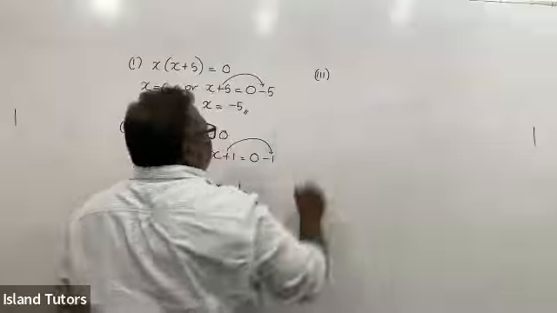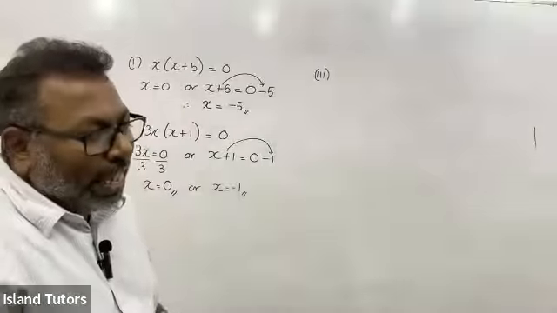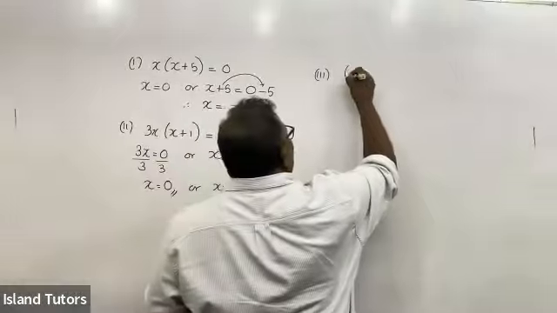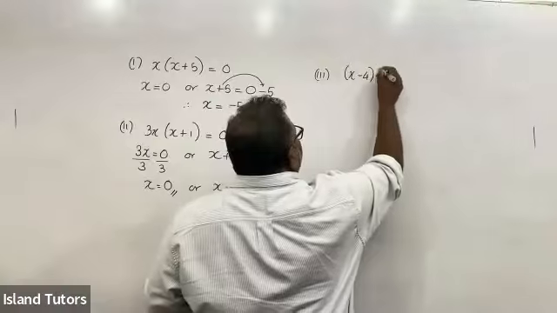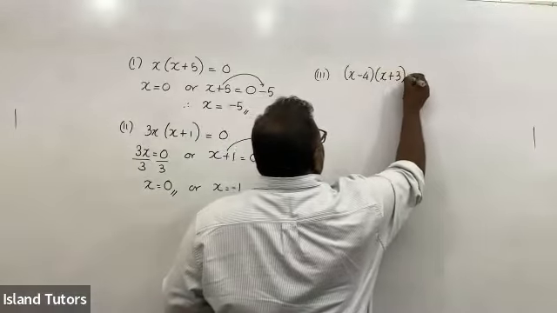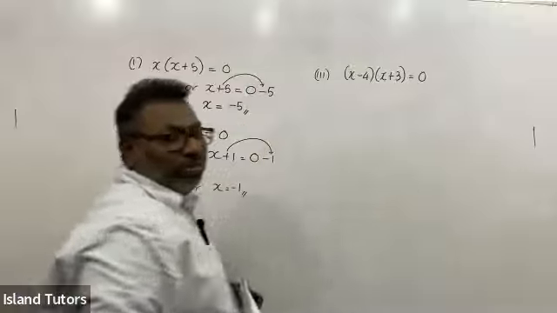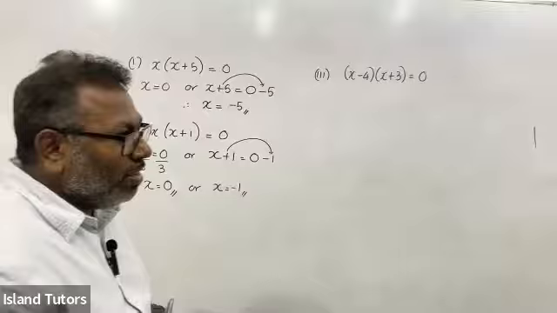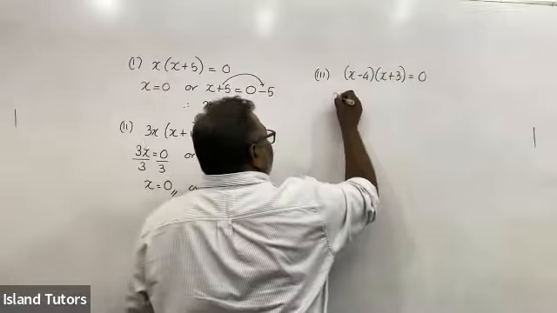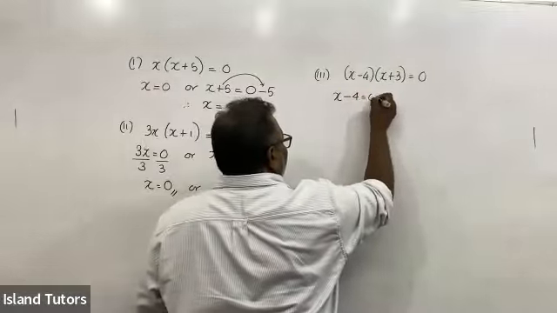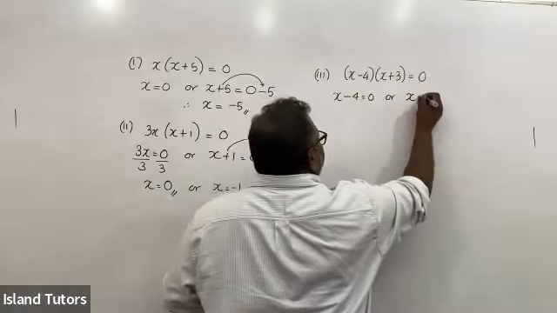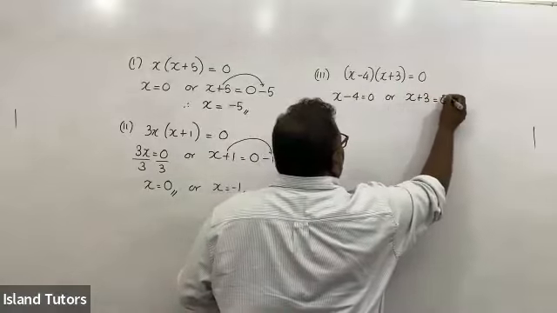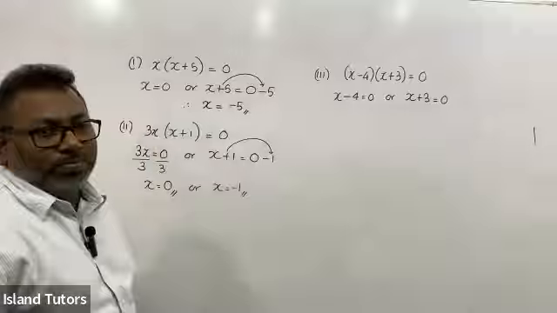Third type, x minus 4 into x plus 3 is equal to 0. That's what they are giving you. Right? So here either x minus 4 is equal to 0 or x plus 3 is equal to 0.